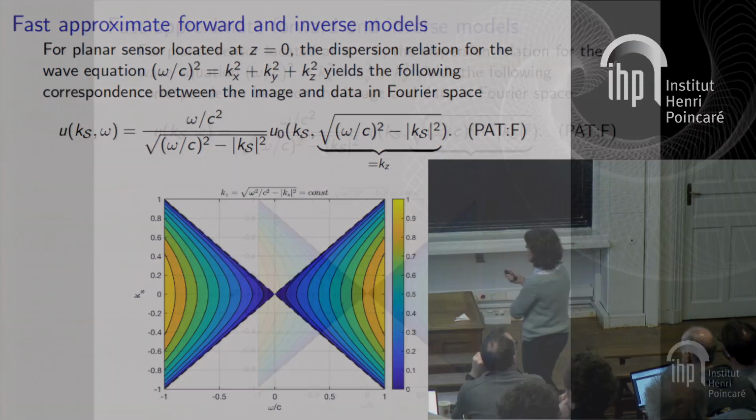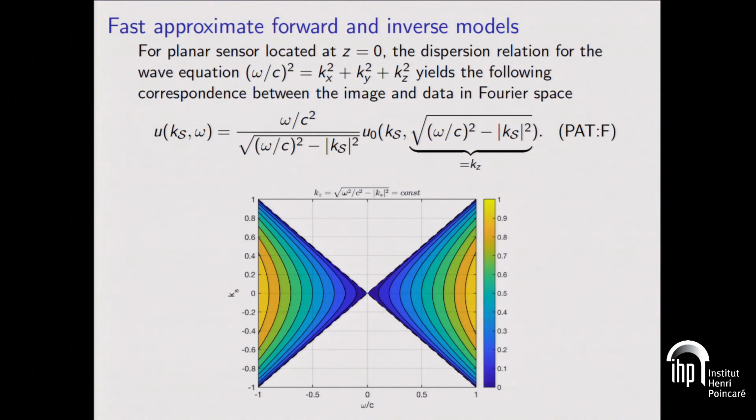This is a 2D visualization, something that would generalize to 3D, but 2D is easier to look at. This is my sensor, this is my time, this is my data domain, and this is in Fourier space. This is the range, and I have the mapping that this data corresponds to this Ks and constant Kz.